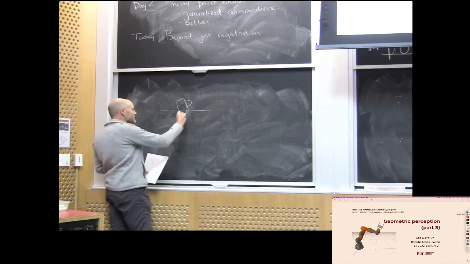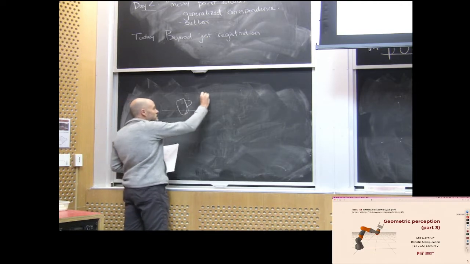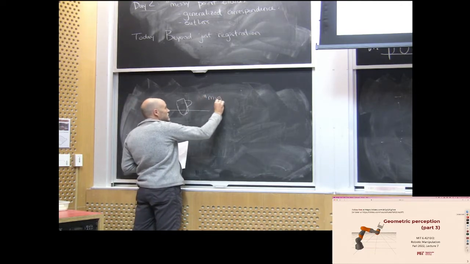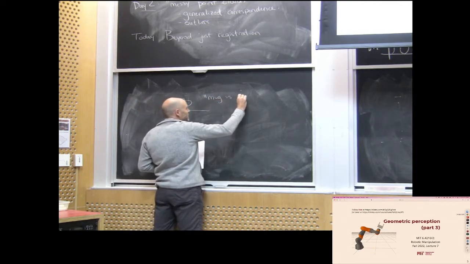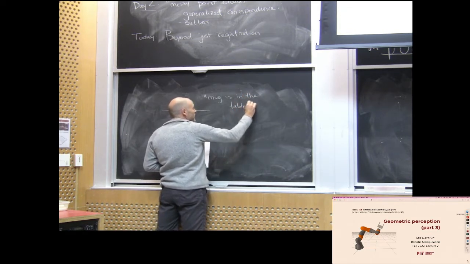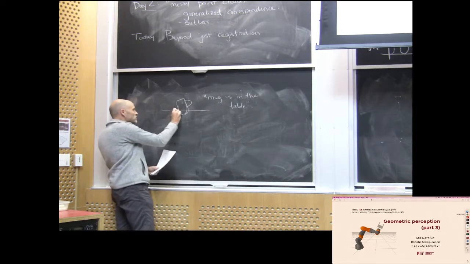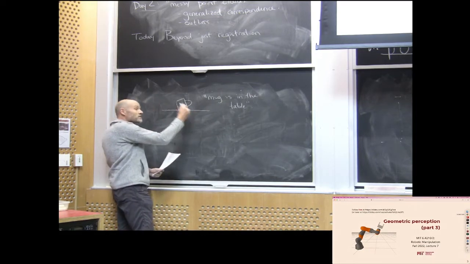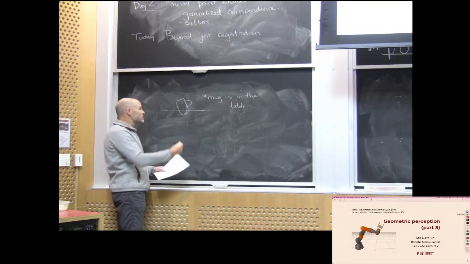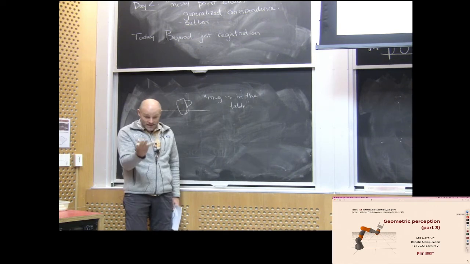It got some returns, it did its best bet to fit, and it says the mug is in the table. I guarantee that'll happen, for a bunch of different reasons, maybe because you have points down on the table that are pulling it down, or outliers. But this is a very classic thing to happen: you look at it and say, that's a silly answer. Clearly the mug's not in the table.